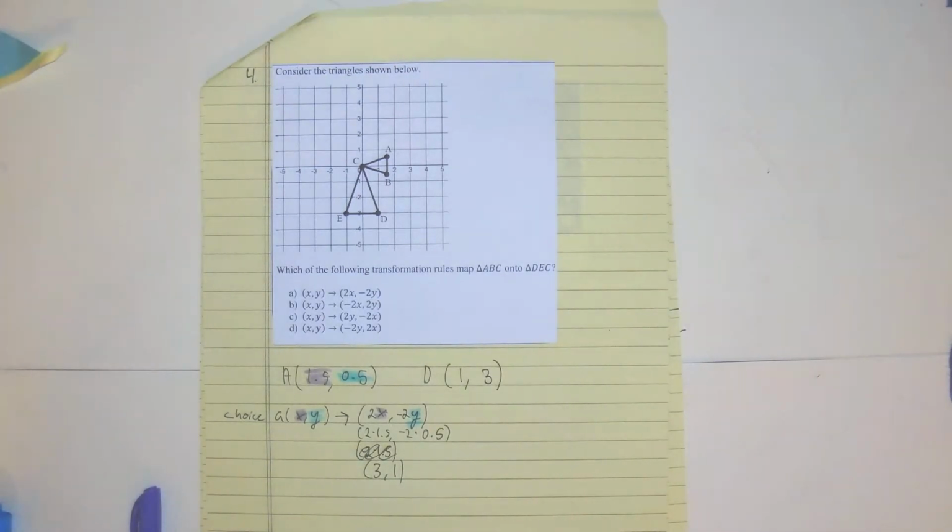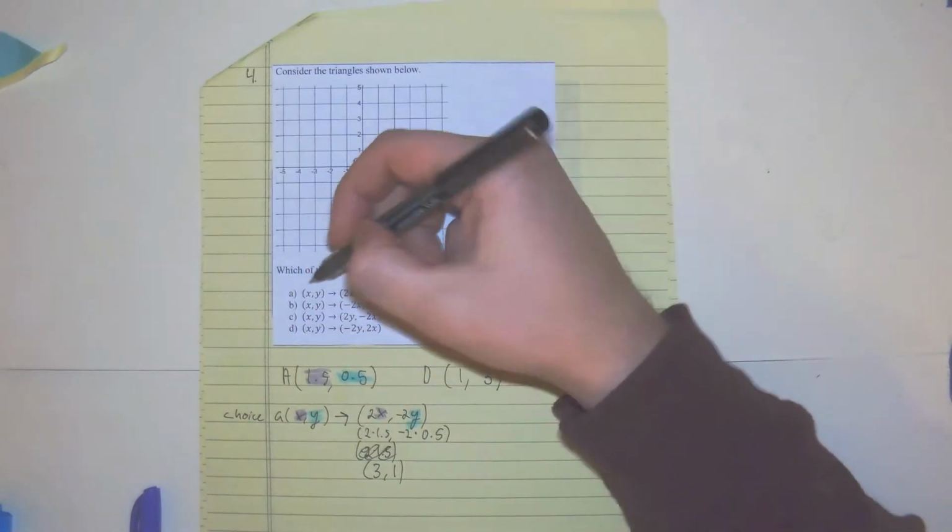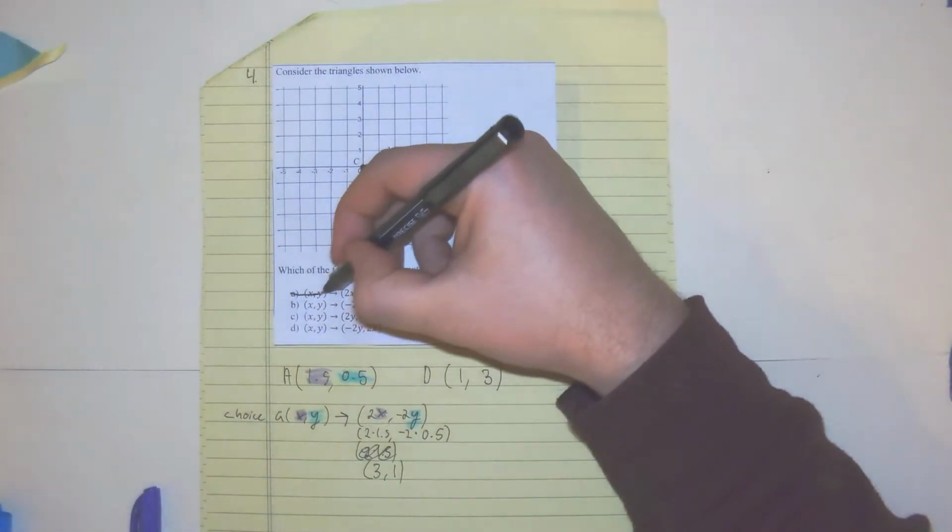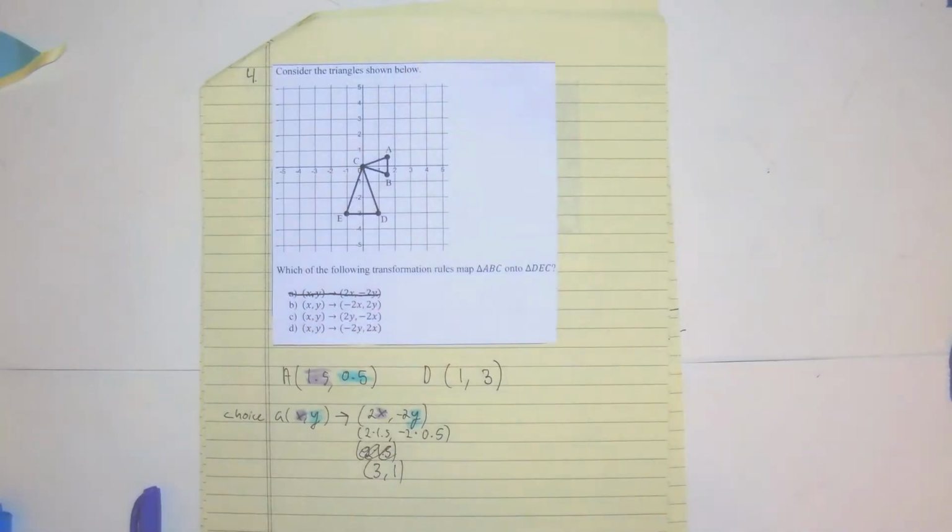Well, we can see right away that 3, negative 1 is not the same as 1, 3. So what we did worked the 2x, negative 2y, but not in that order. We needed to be at 1, 3.